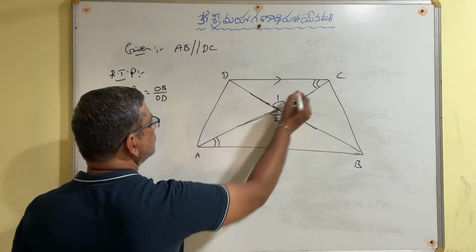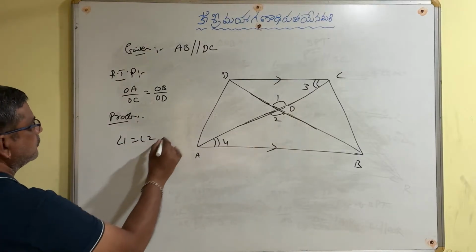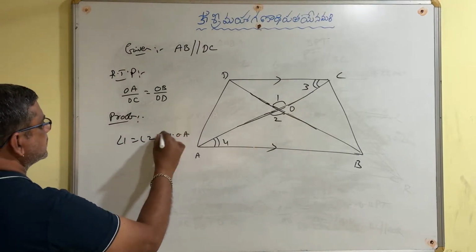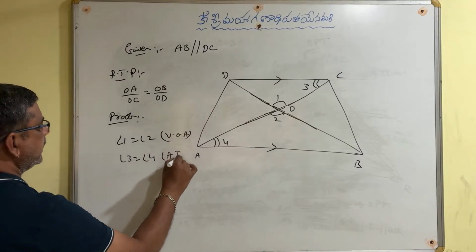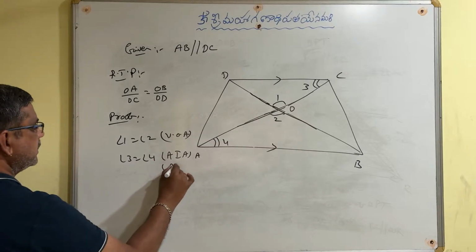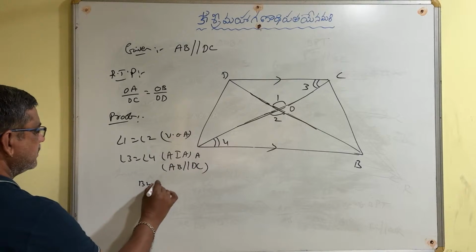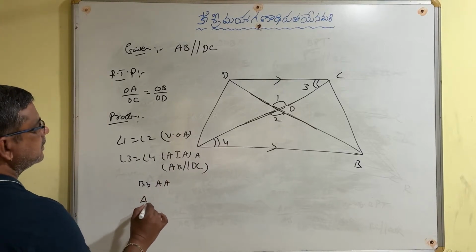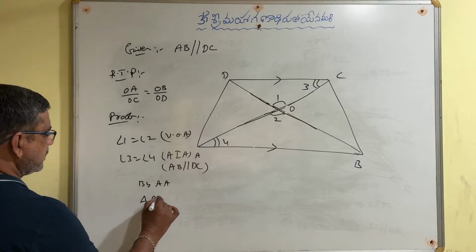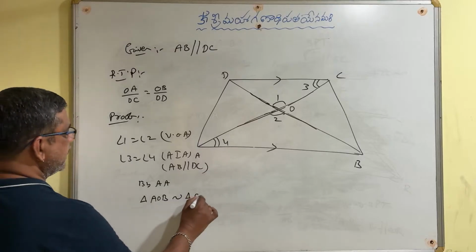1, 2, 3, 4. Angle 1 is equal to angle 2, vertically opposite angles. Angle 3 is equal to angle 4, alternate interior angles because AB is parallel to DC. So by AA similarity, triangle AOB is similar to triangle COD.